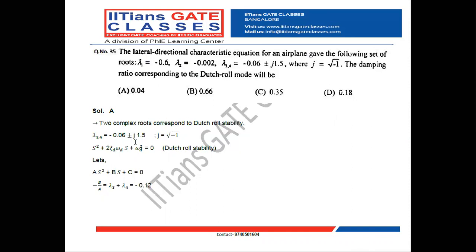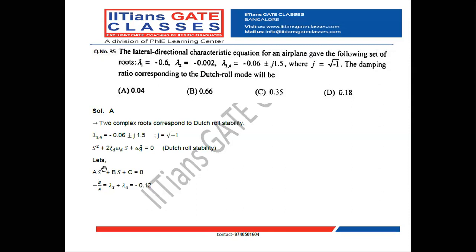From that, the Dutch roll characteristic equation can be written as s square plus 2 epsilon d omega d into s plus omega d square equal to 0, where omega d is the damped natural frequency and epsilon d is the damping ratio of the Dutch roll mode.